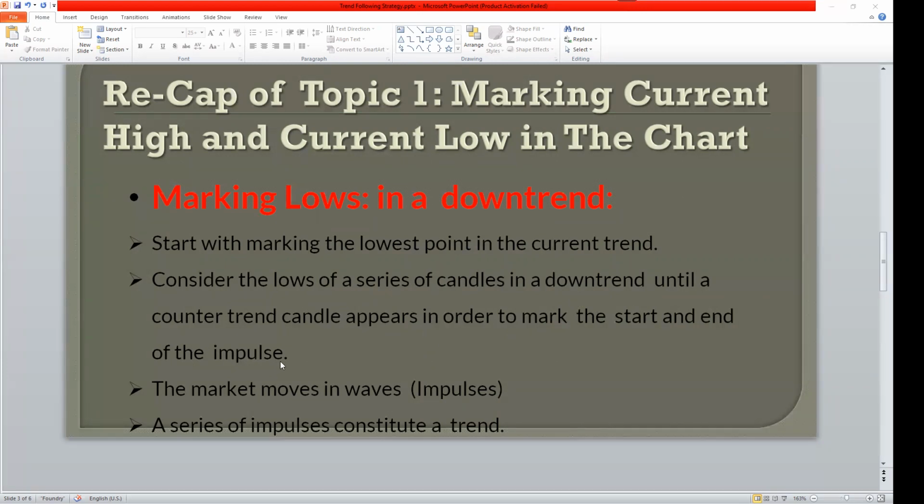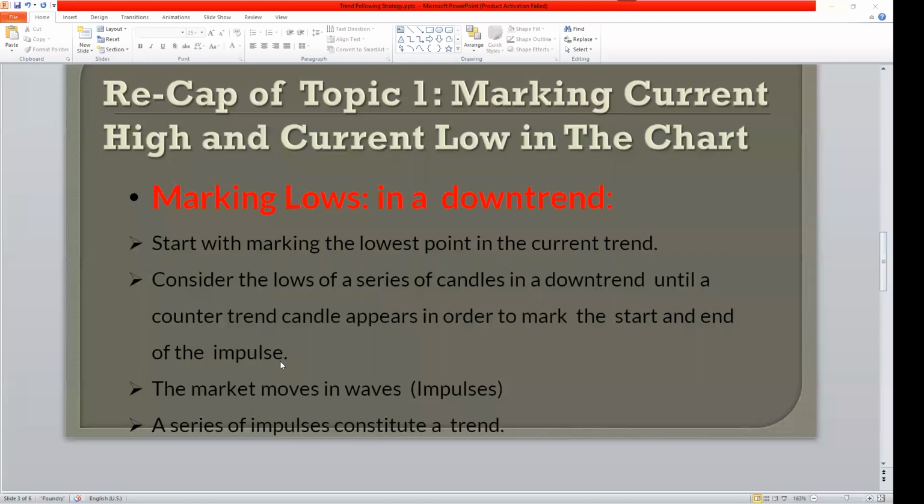So basically, it is the opposite. You mark the lowest, and then you look at the series of candles as they move upwards. And when you're going up, you are looking at the top of the candle. It is lower high, lower high, lower high until that series breaks.